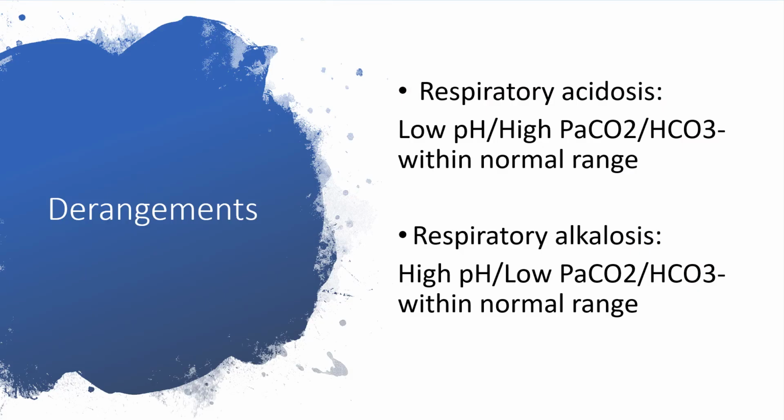In respiratory acidosis, how do we know we are dealing with acidosis and it is respiratory? First thing first, the pH. If the pH is low, that is less than 7.35, then we know we are dealing with an acidotic condition.